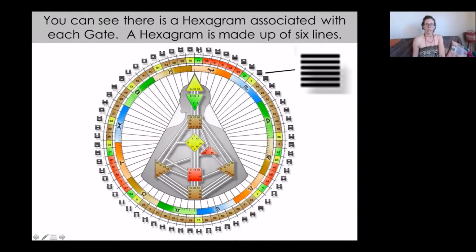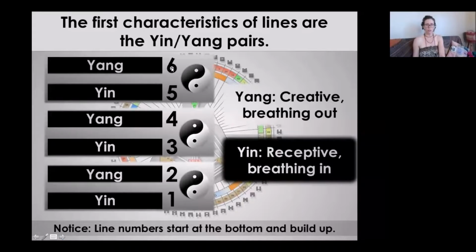The anatomy of a hexagram is that it's made up of 6 lines, 1 through 6, starting at the bottom, stacked upwards. The lines are either yin or yang.